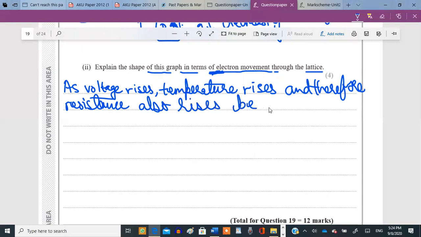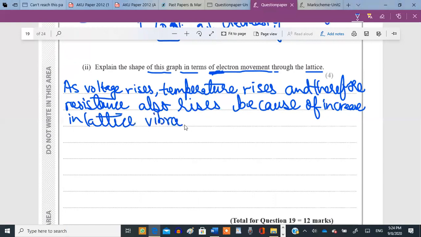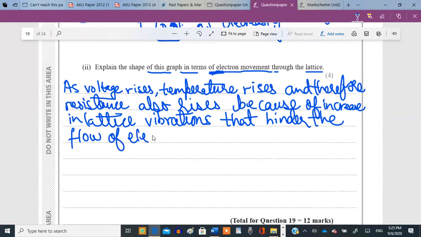Because of the increase in lattice vibrations that hinder the flow of electrons, and hence cause a decrease in current.